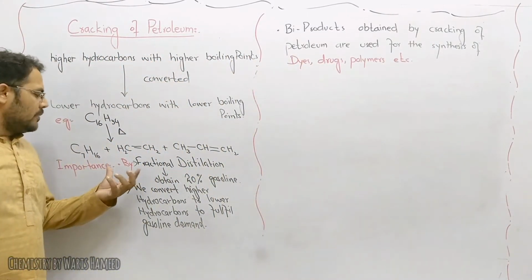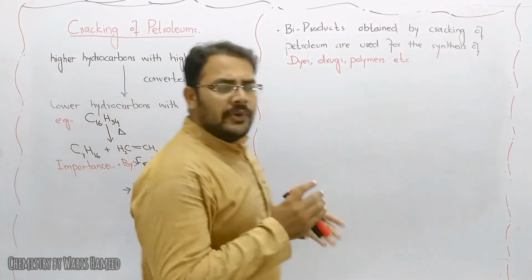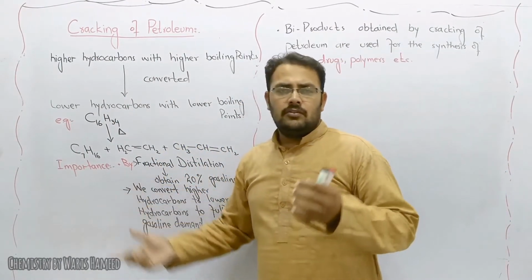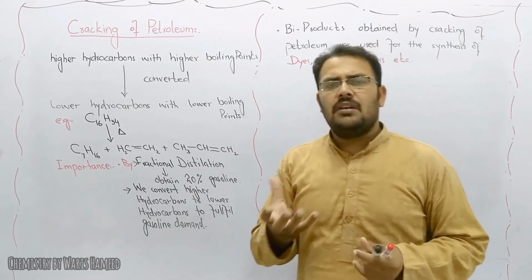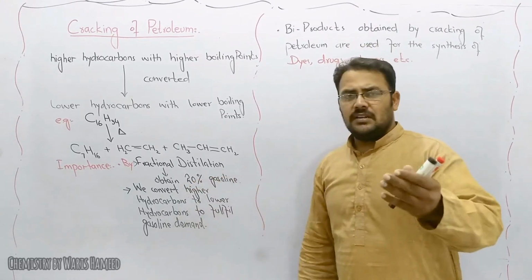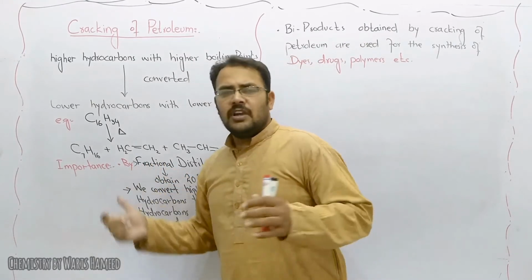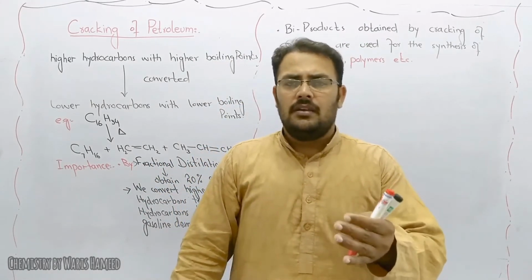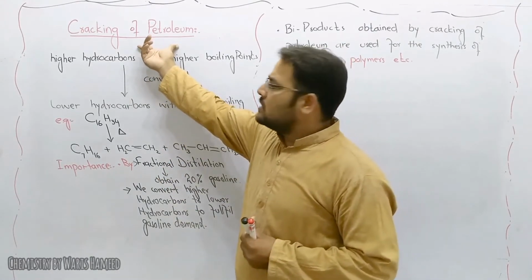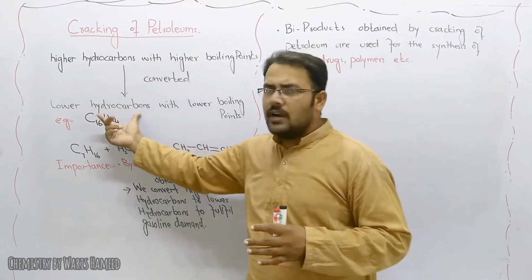Now a little bit of review about the importance of cracking. We obtain 20% gasoline from the fractional distillation, and 20% gasoline is a very small quantity, and we cannot fulfill our requirements with it. So the hydrocarbons obtained from fractional distillation having higher boiling point and higher molecular weight are used in the cracking process, and we convert them into lower hydrocarbons.